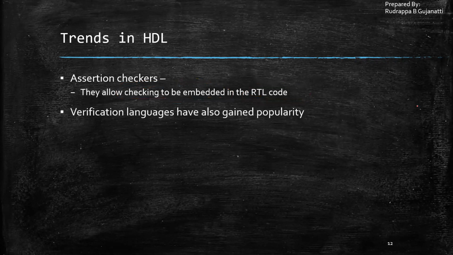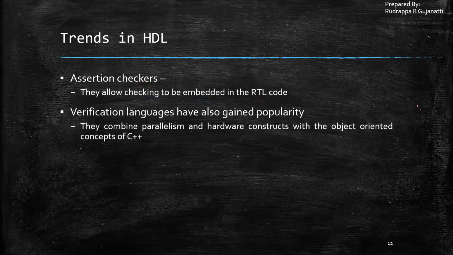Then we have different verification languages which came into existence. Basically, they made use of features related to object oriented concepts, because there are some advantages and disadvantages. C program is not object oriented, whereas C++ is object oriented.